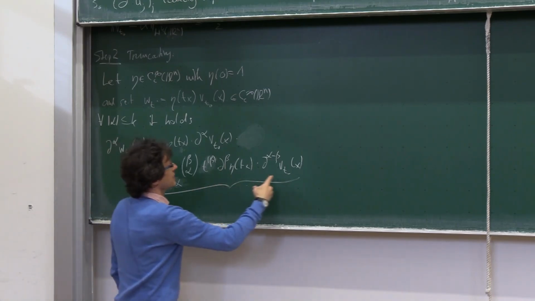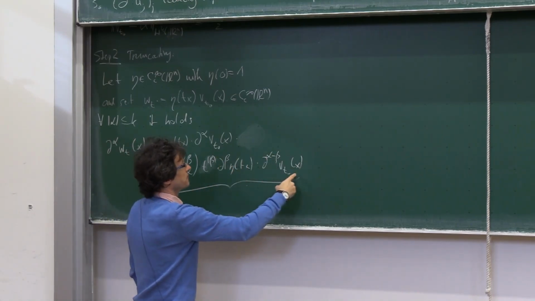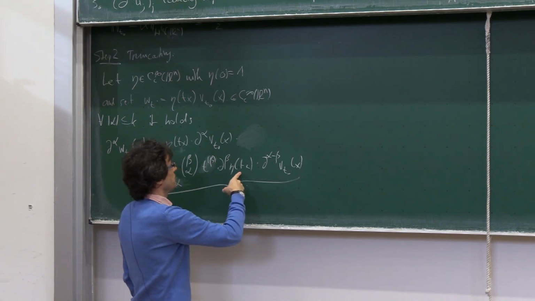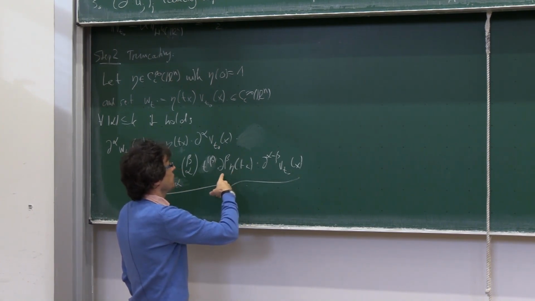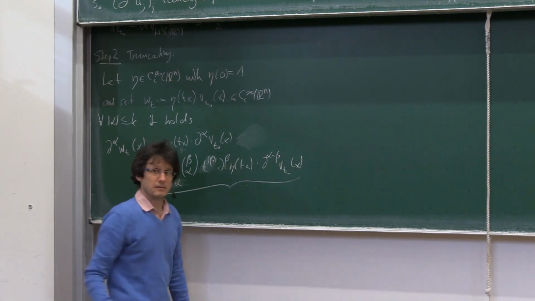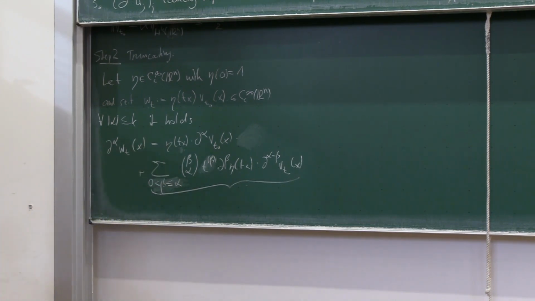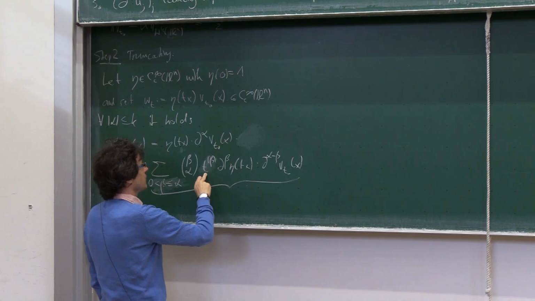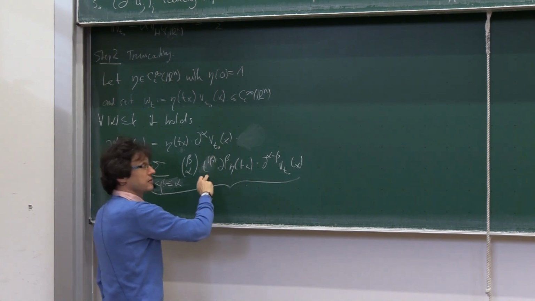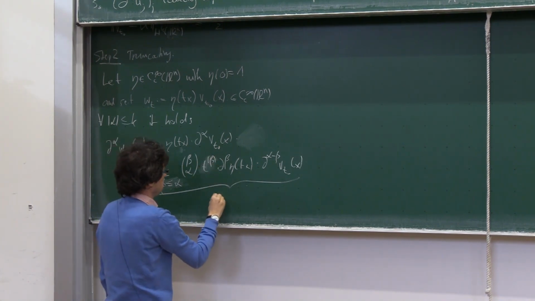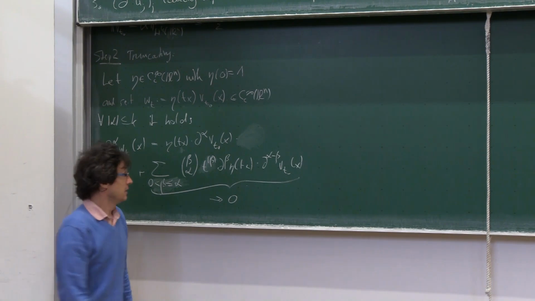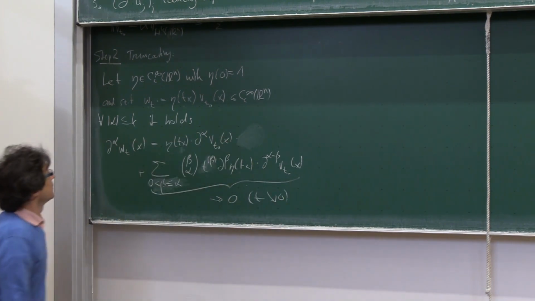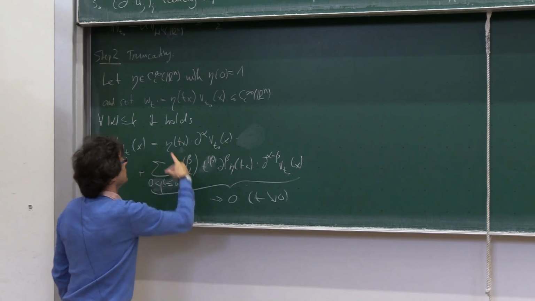All these functions here are some derivatives of C infinity functions with a compact support here. So all this is bounded stuff here. There are some constants I do not want to bother about. This is bounded stuff. And if t goes to 0, this goes to 0. So all of this goes to 0. So it remains this first term here.